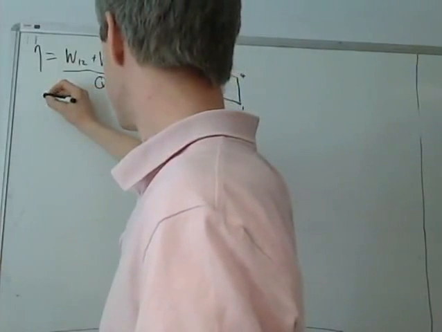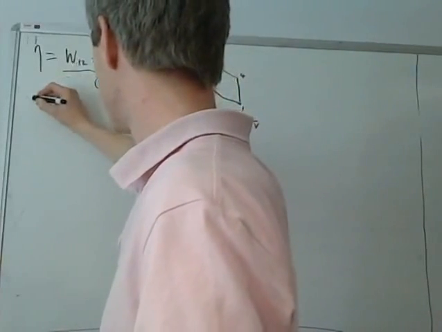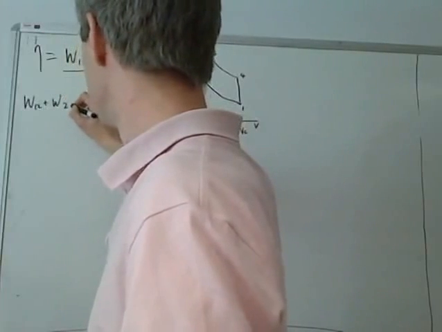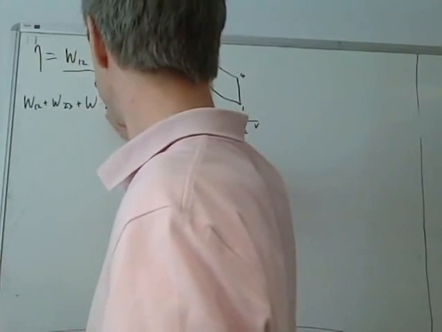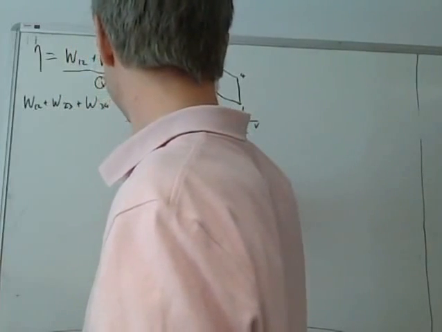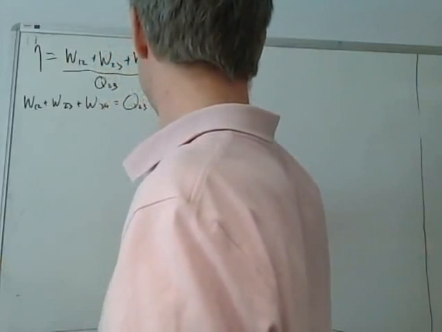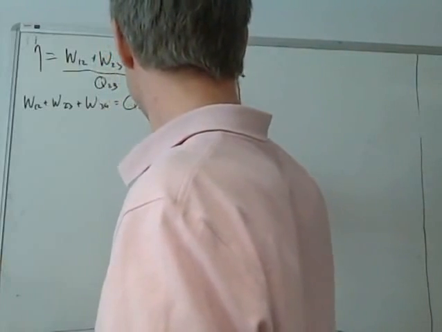Again, we're going to look at the first law to find the relationship between work and heat. So work 1, 2 plus work 2, 3 plus work 3, 4 is equal to Q 2, 3 plus Q 4, 1.